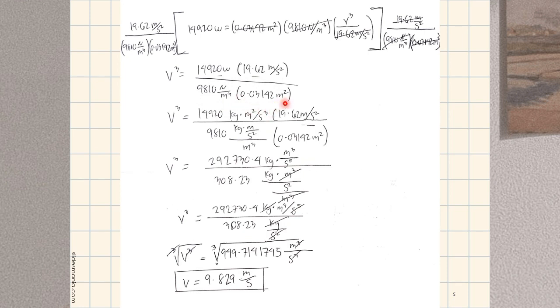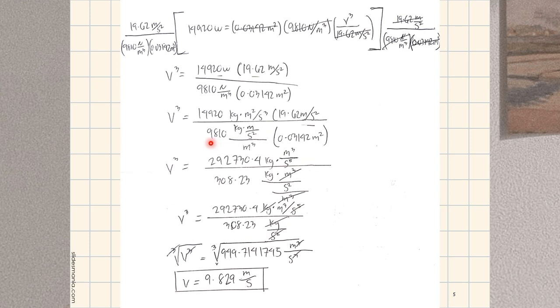As we noted before, the value of watt is equal to kilogram times meter squared over second cubed. So 14,920 kilogram times meter squared over second cubed times 19.62 meter per second squared over, and we noted before that Newton is equal to kilogram times meter over second squared.